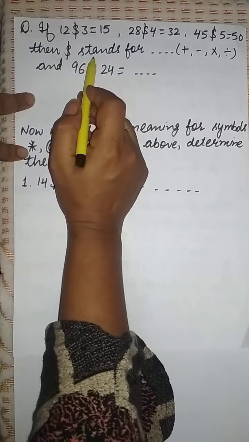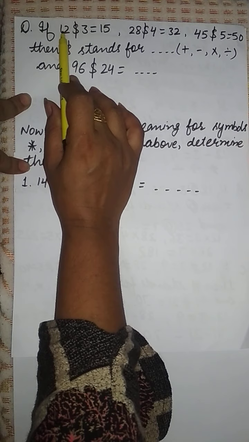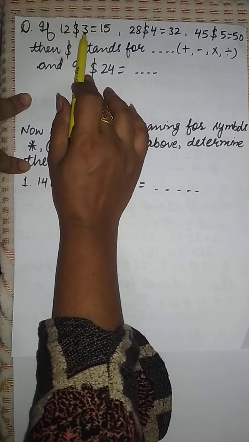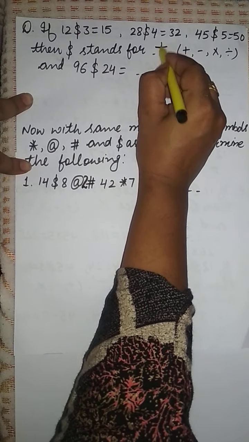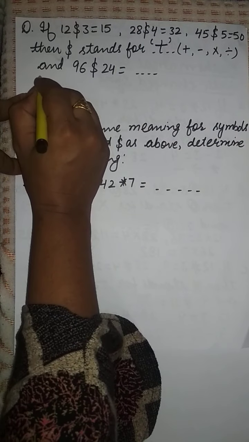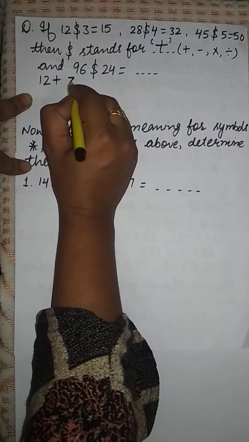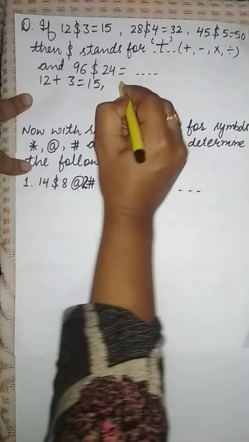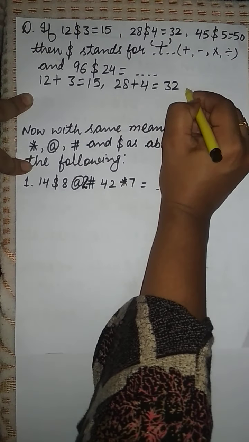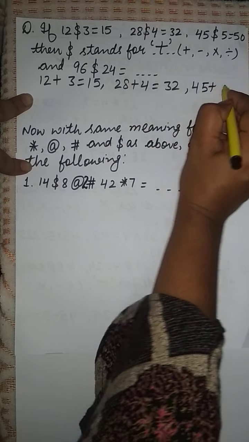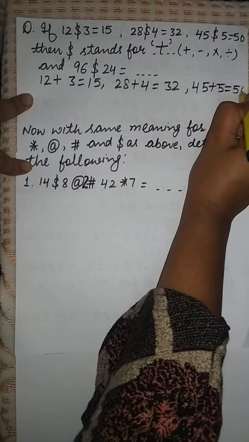So here you can understand very clearly. If I add 12 to 3, then it will be 15. So clearly this symbol represents addition. Plus, that is 12 plus 3 is equal to 15, 28 plus 4 is equal to 32, 45 plus 5 is equal to 50.